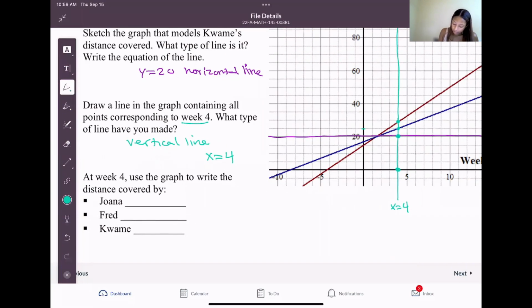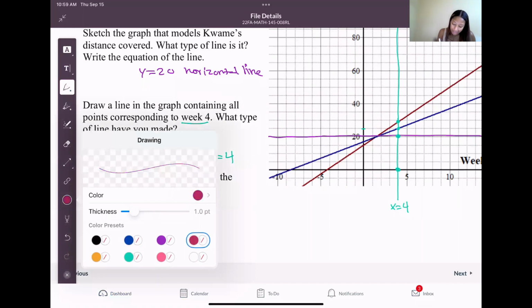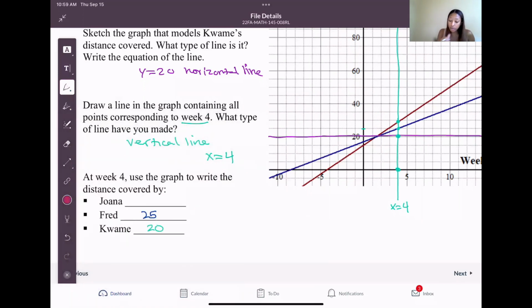Okay, so for Kwame, 20 miles. For Fred, he was at 25 miles after week 4. And then for Joanna, it says to use the graph. It's close to about 30, but let's go ahead and just find the exact value. 3.5 times 4 plus, I think she started off at 15 miles.